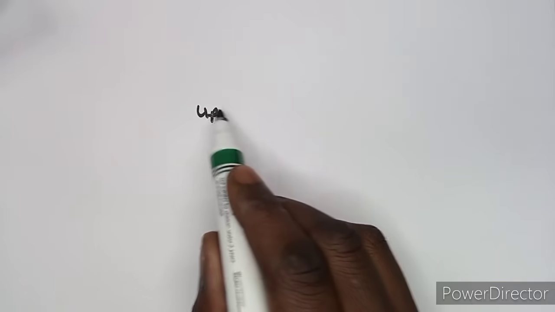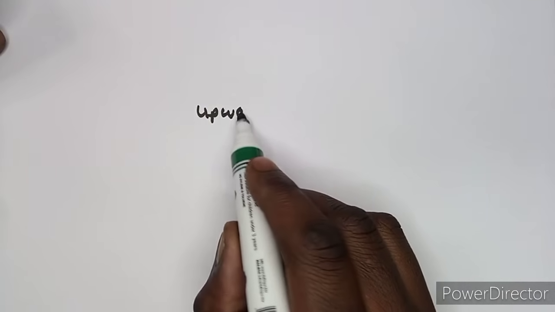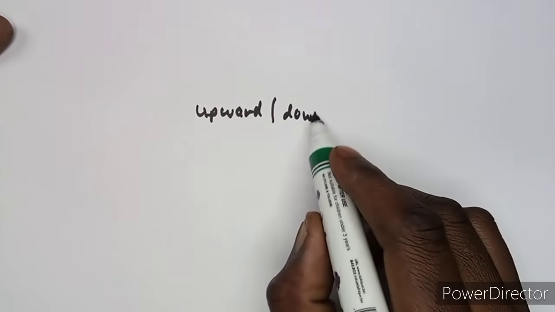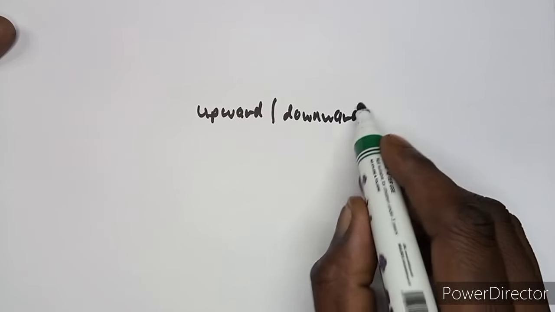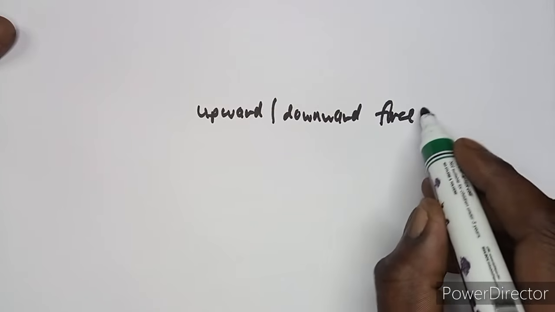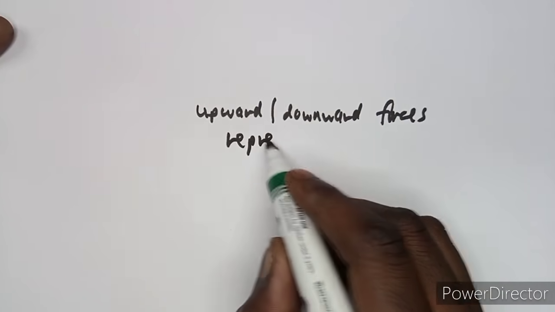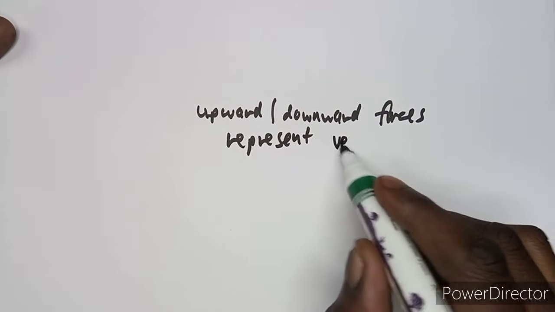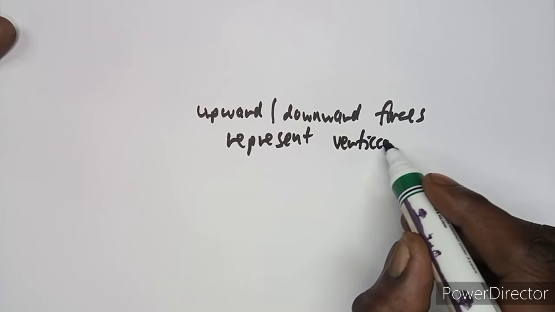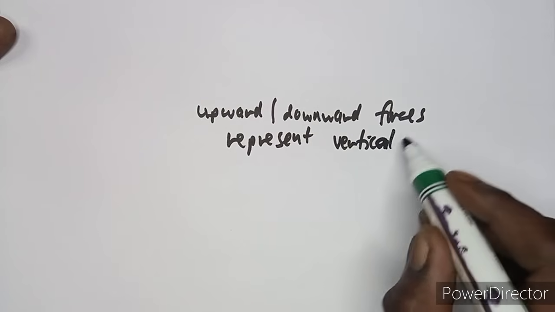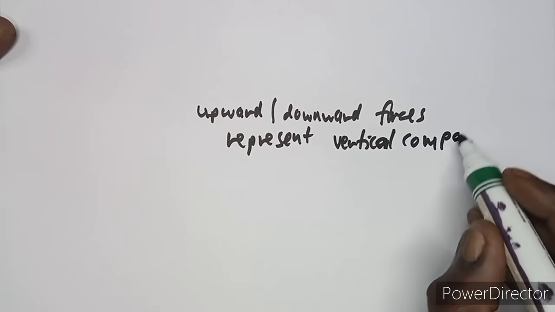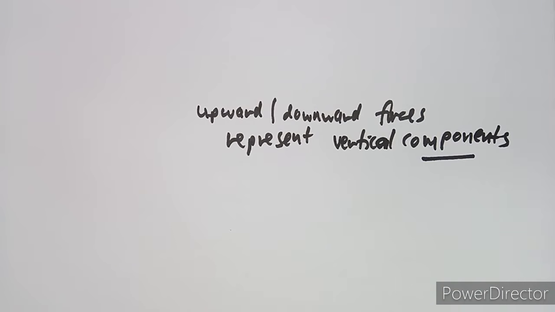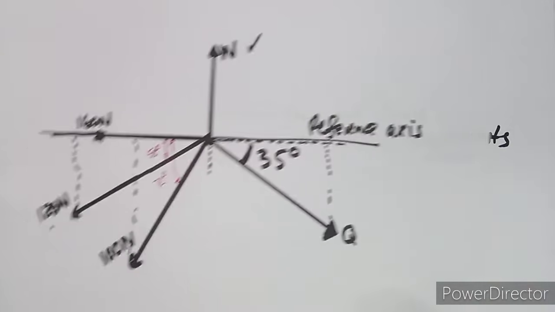Okay, so upward or downward forces actually represent vertical components. That is what I mean actually here. These are vertical components, because you're talking about a force being upward or being downward like this.